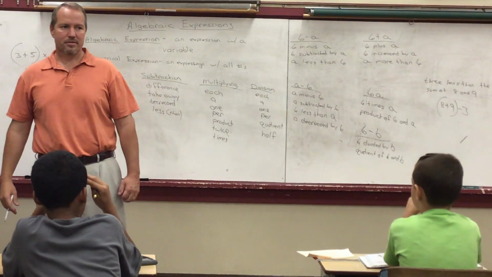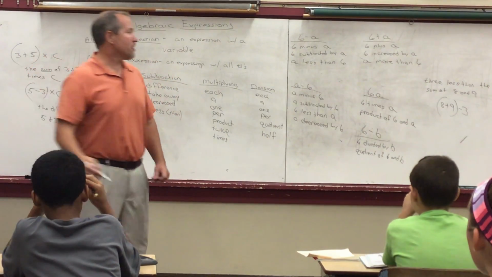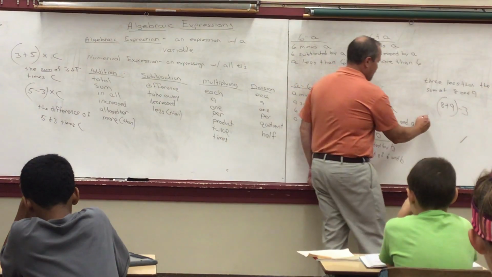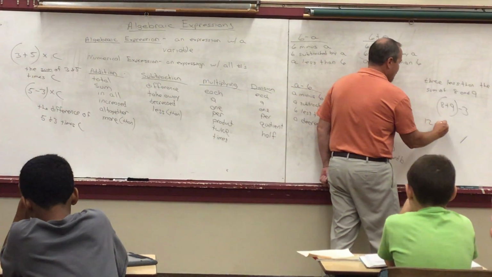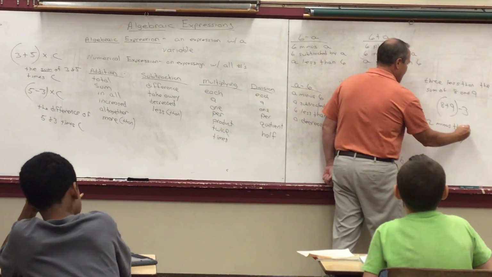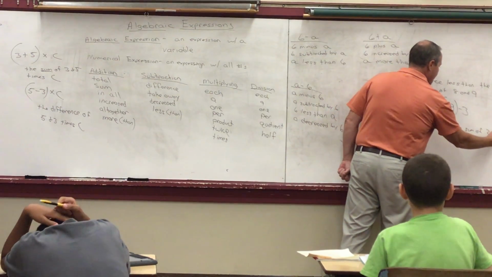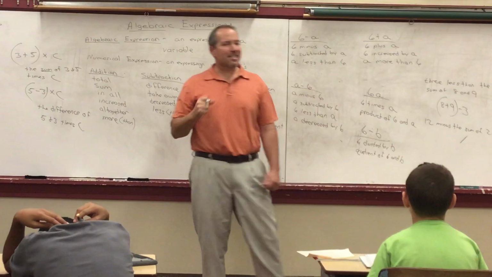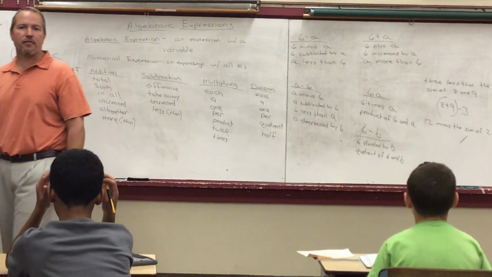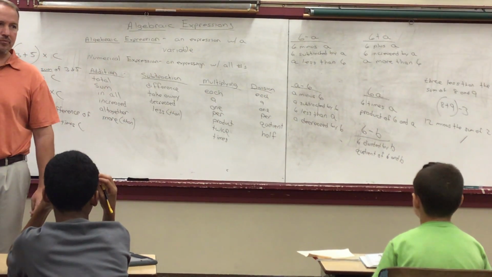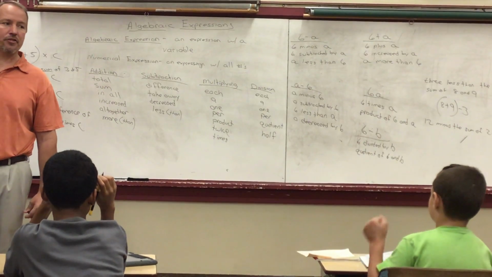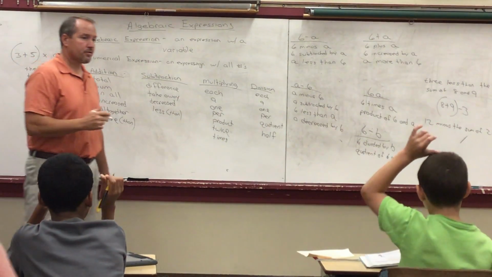Now, if they said this, 12 minus the sum of 2 and 5. What's the first thing you're going to have to find? The sum of 2 and 5.